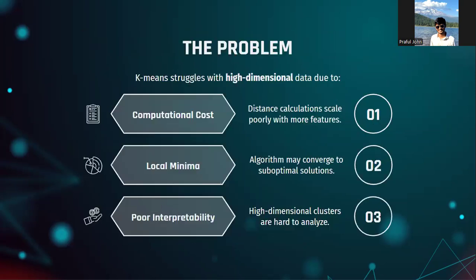So to begin with the paper, we have the problem. K-means struggles with high dimensional data, and there are three major reasons we already discussed, right? First, the computational cost: the distance calculation becomes computationally highly expensive as the number of features increases. Also, K-means is highly susceptible to the local minima.